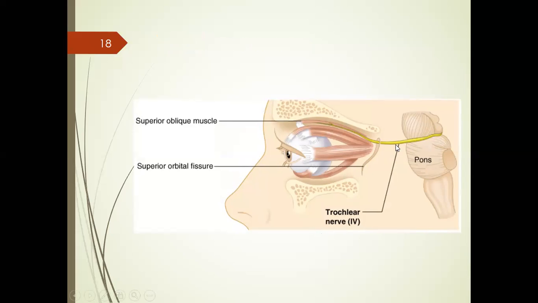It arises from the periaqueductal gray matter of the midbrain at the level of the inferior colliculus. It will enter the orbit through the superior orbital fissure, and it will supply only the superior oblique of the eyeball.